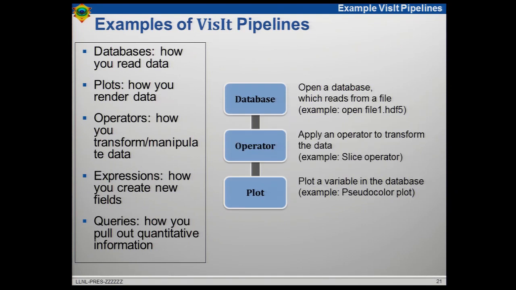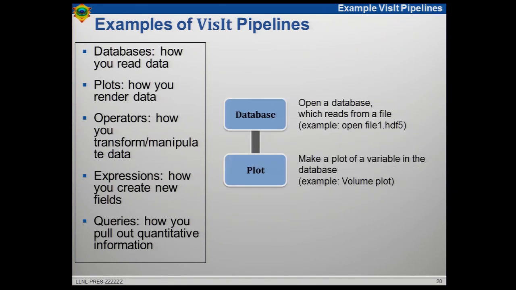If you follow me carefully, it's a little bit different than ParaView, where I build the pipeline from the top to the bottom and I keep adding things. Here, I do a database, then a plot, and when I put an operator, the operator is inserted in between.